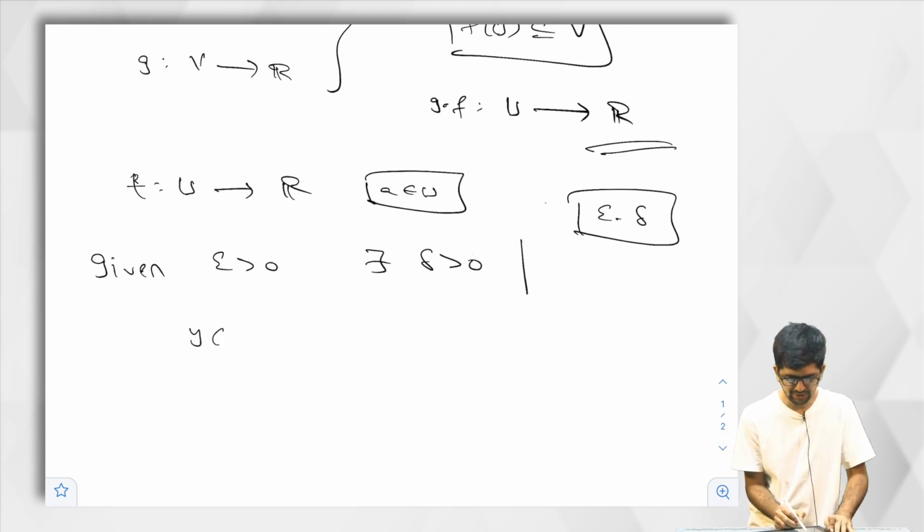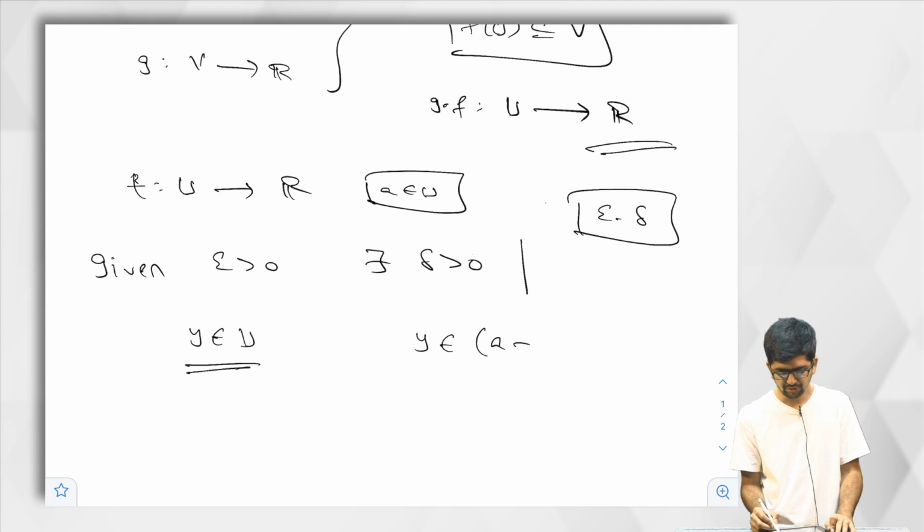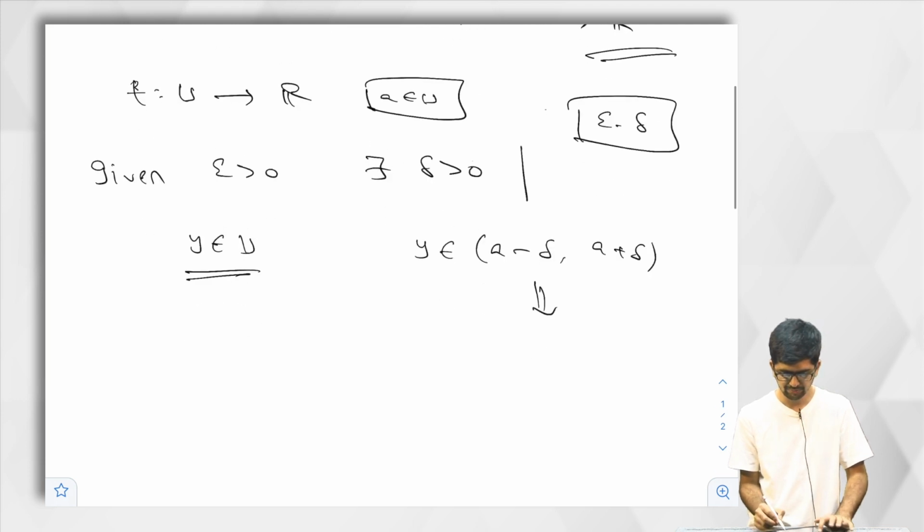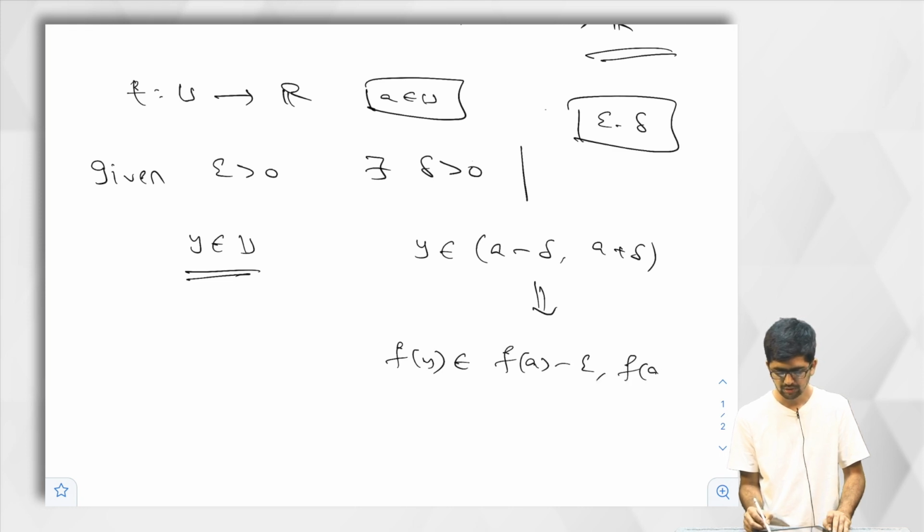If an element y of U belongs to the interval (a minus delta, a plus delta), then f of y is an element of (f of a minus epsilon, f of a plus epsilon).